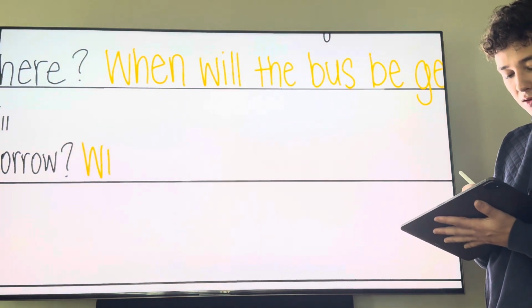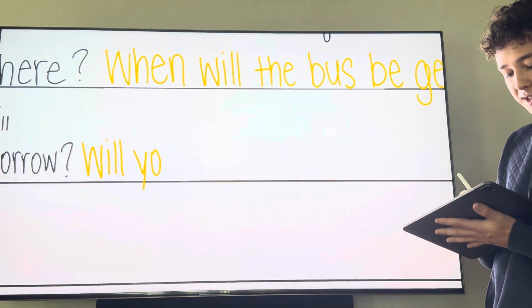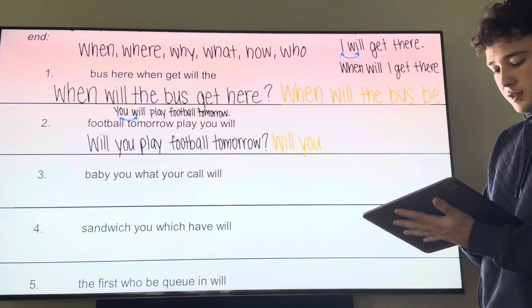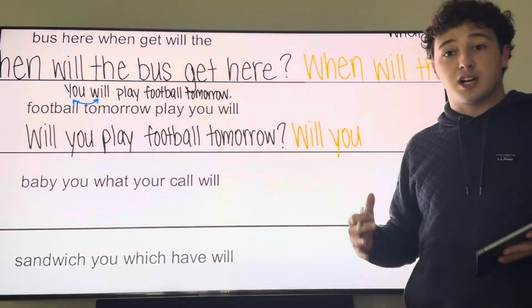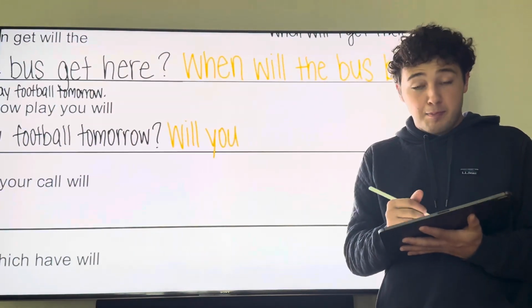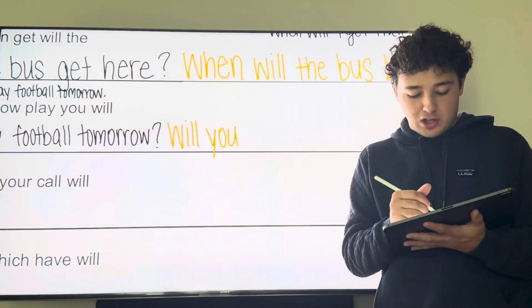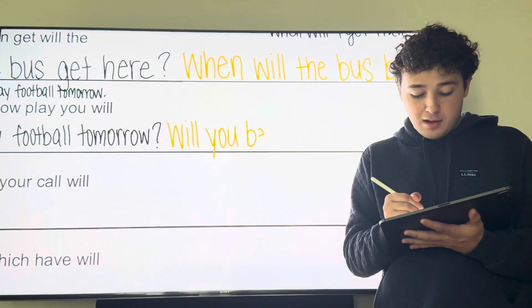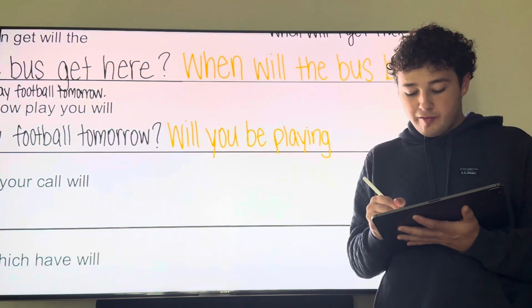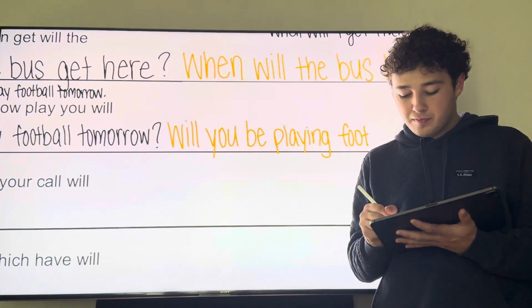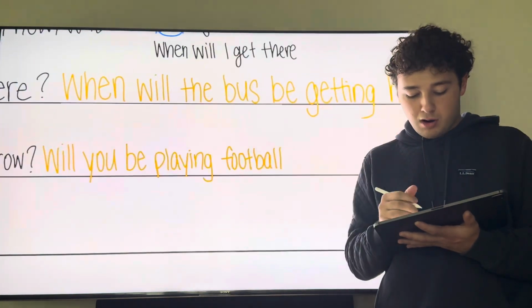Will you, same as before. This says, will you play football tomorrow? The future continuous, you need to add be, verb, ing. Will you be playing football tomorrow?